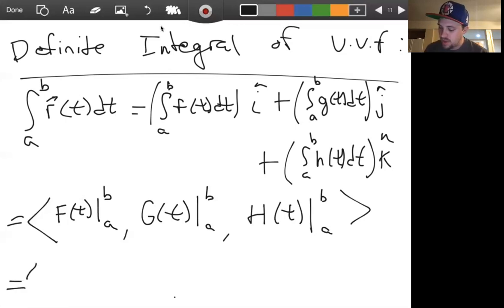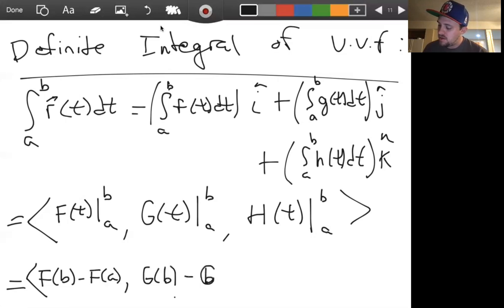And so using the fundamental theorem of calculus, this would just be F of b minus F of a, G of b minus G of a, and then H of b minus H of a.